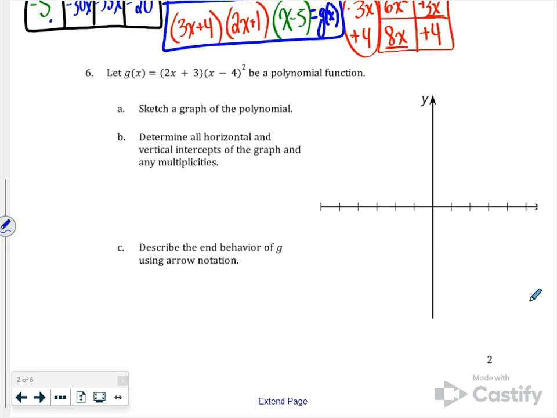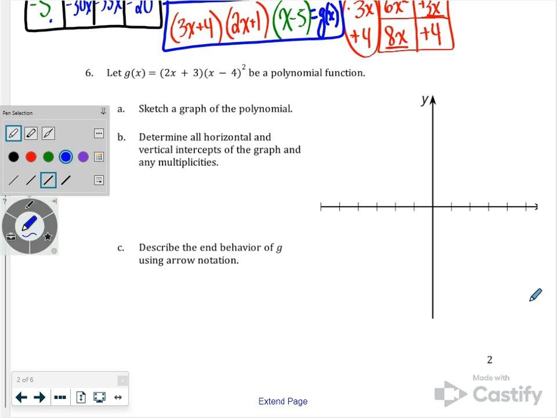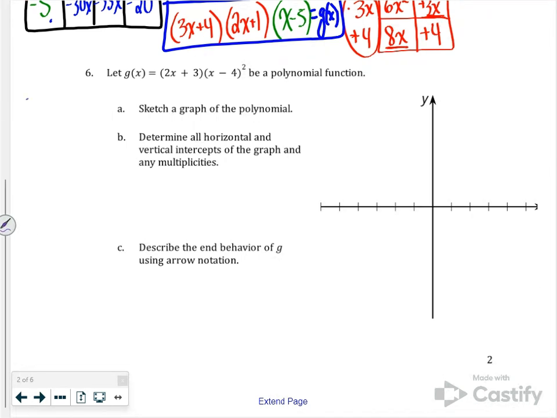So a couple little things of background knowledge that I think are important for this section. Number 1, we need to be very aware of the directions of our arrows. If we do an even and an odd and a positive and a negative, we want to remember that the arrows go up, up, and down, down for the even degree functions, and then the odd function will start down, up if it's a positive leading coefficient, and it will be up, down if it has a negative leading coefficient.